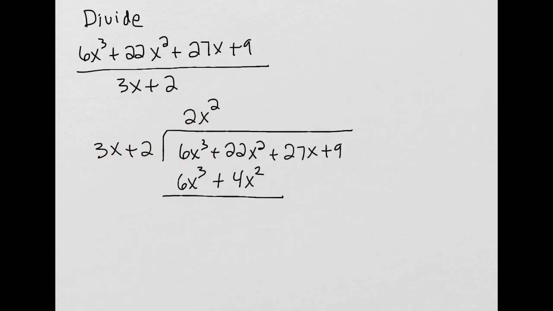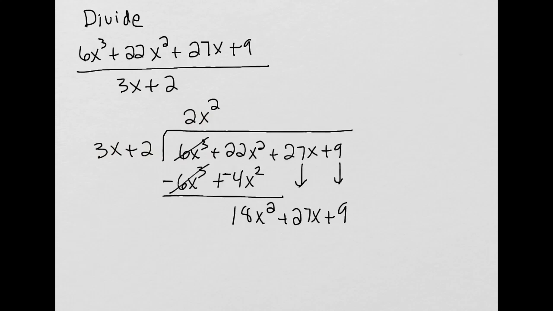Draw my line. I want to change the signs of those two guys I just got and add going straight down. So 6x to the third and negative 6x to the third becomes 0. 22x squared plus negative 4x squared is 18x squared. Last step, bring everything down.